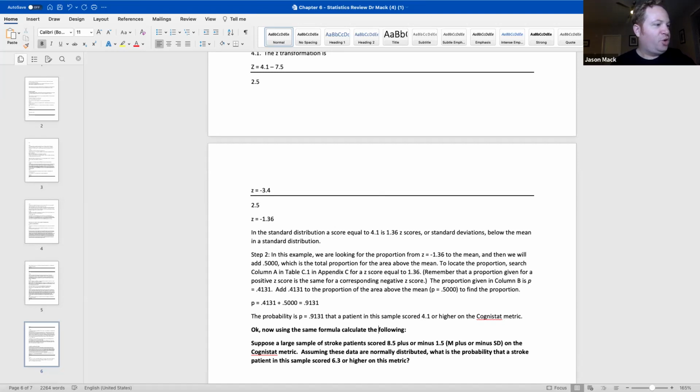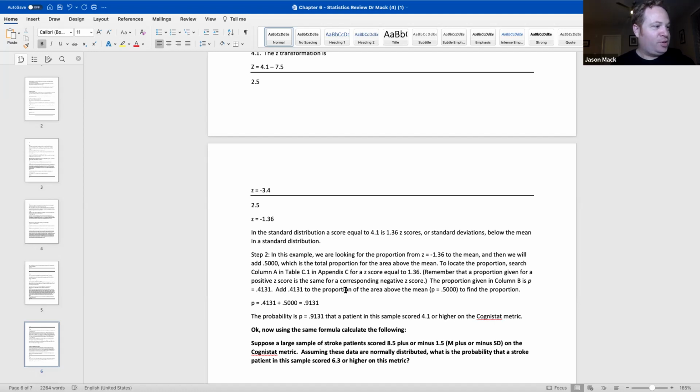In this example, we're looking for the total proportion, Z is equal to negative 1.36 or positive 1.36. Then we'll add, well, negative 1.36 because it's to the left, then we'll add 0.5000, which is the total proportion for the area above the mean. To locate the proportion, search in column A in your appendix, and you'll find that the proportion for the Z-score shown in column B is P is equal to 0.4131.